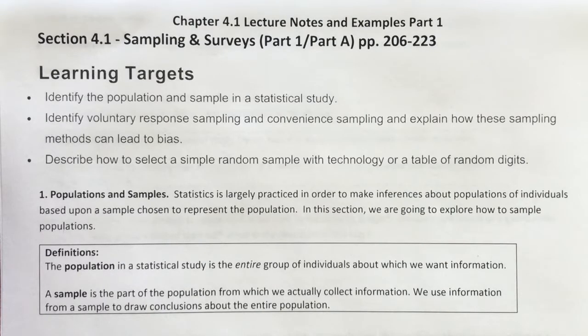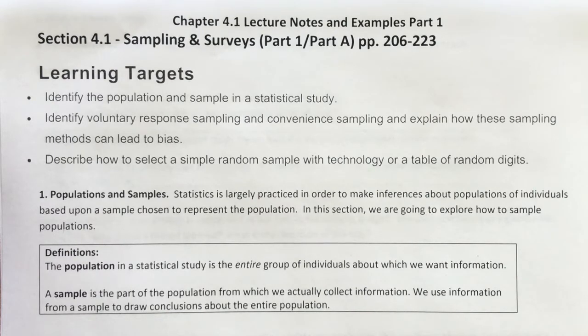You're going to identify voluntary response sampling and convenience sampling, and explain how these sampling methods can lead to bias. So again, being able to determine what type of sampling is used and how they can result in bias. And describe how to select a simple random sample with technology or a table of random digits.